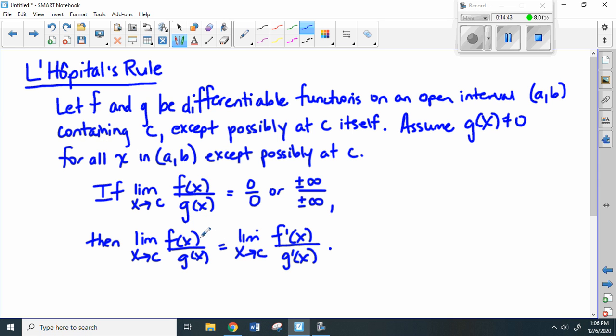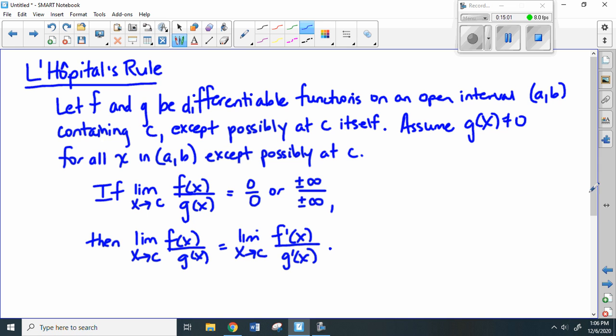So I can do the same for the bottom function, and taking the limit using their derivatives is equivalent to the limit of the original. That is what L'Hopital's rule says.